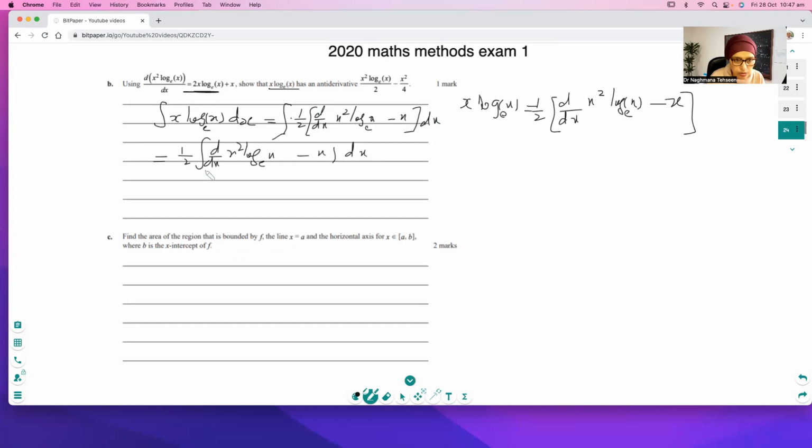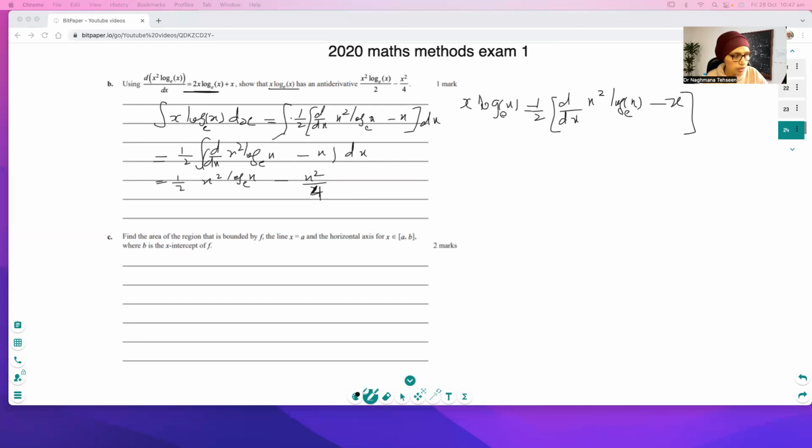So that's the whole thing. You know, derivative and antiderivative are inverse of each other. They cancel out, and we get x squared log e x minus x squared over 2, which has now become x squared over 4 because the 1/2 is at the start. That is equal to, the antiderivative of that is equal to this. Okay, so that's what we wanted to show.